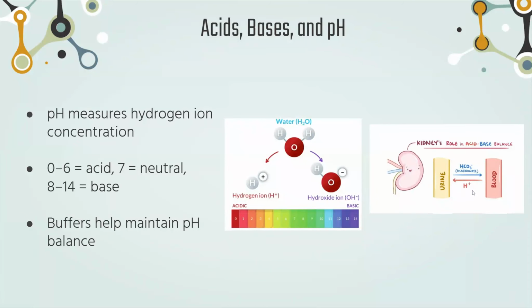So our kidneys function, and the buffer called bicarbonate functions to balance the amount of hydrogen that is in our blood or in our urine to help our bodies be the perfect pH or acidity level so that chemical reactions can happen and to help regulate our bodies and keep us alive.